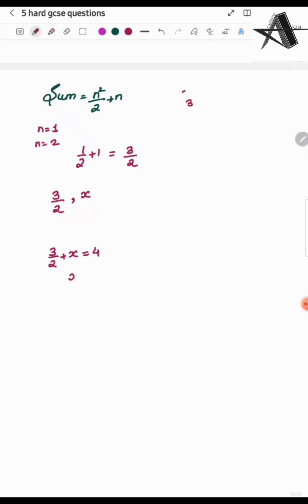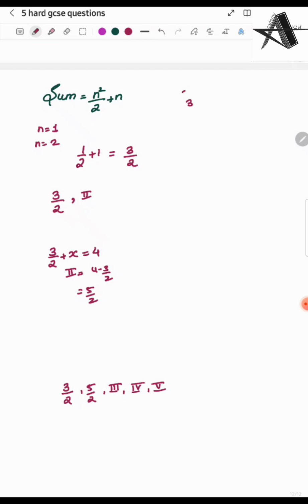From here I can get the second term. Let me name x as the second term. So the second term is 4 minus 3 by 2, that is 5 by 2. Okay, now I got 3 by 2, next term 5 by 2. This is the third term, this is the fourth term, this is the fifth term, because we need 5 terms.